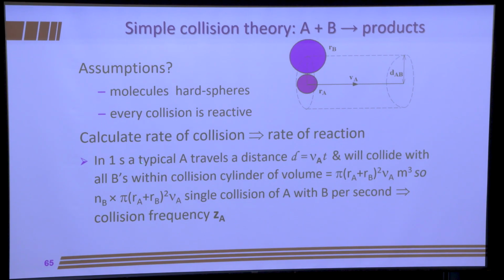So in 1 second, a typical A travels a distance d equal to nu A times t, and will collide with all B's within a collision cylinder of volume pi (RA plus RB) squared times nu A, in meters cubed. So the distance is equal to the velocity of A times t.